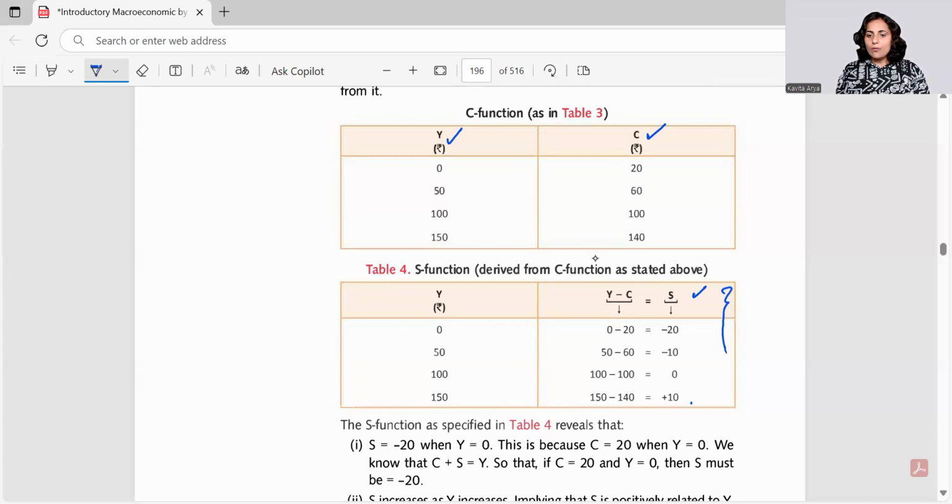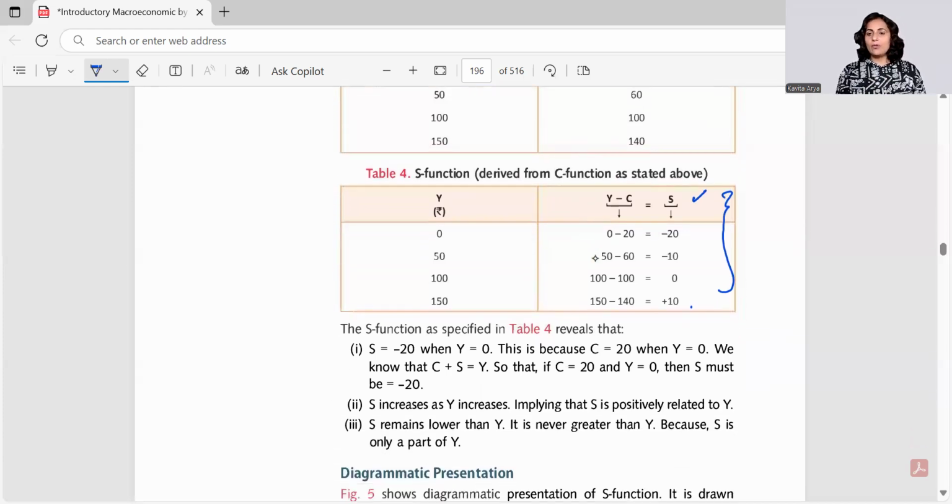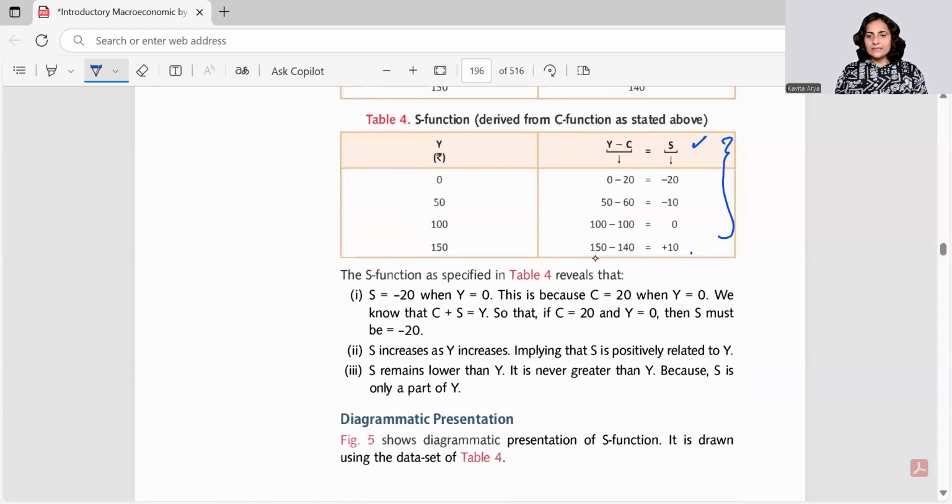This is how we have derived the table of Y and S from a table of Y and C. The most important point to be noted here is that initially the savings are negative. Eventually they become 0 and then they become positive.